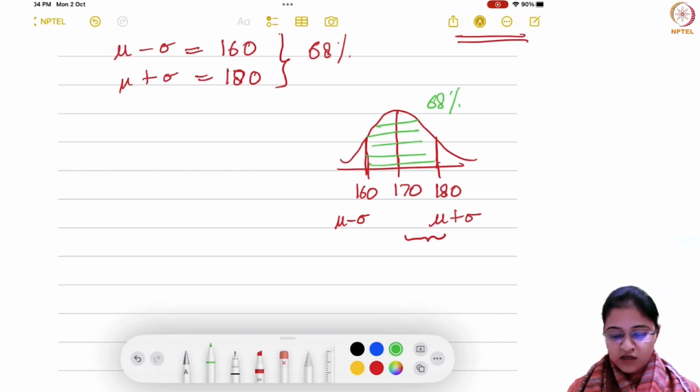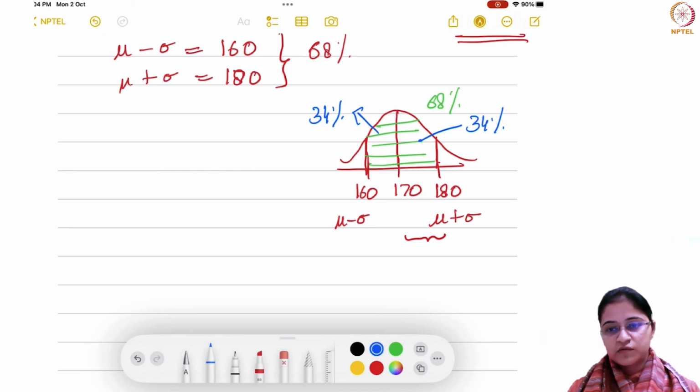It means on this side it will be 34%, and on this side also it will be 34%. So 34% of observations, or data points, would lie between 170 and 180. Similarly, between 160 and 170 also 34% would lie.